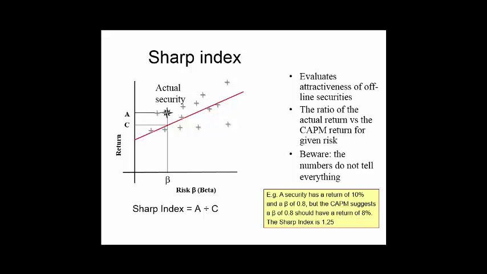However, if the CAPM suggests that a beta of 0.8 should have a return of 8%, it means that the investment is offering a return of 10% divided by 8%, or 1.25 times the CAPM return. And in this case, the Sharpe index is 1.25. Sharpe indexes of over 1 are considered to be good buys. Sharpe indexes of less than 1 are considered to be assets that you should not buy at all.